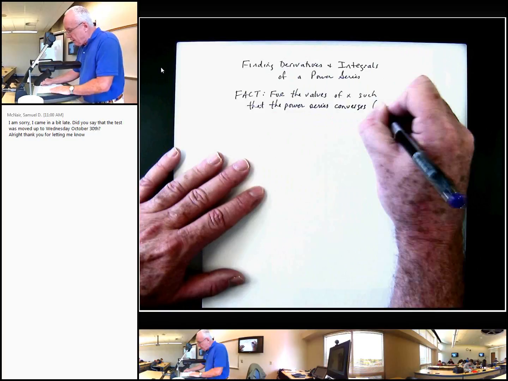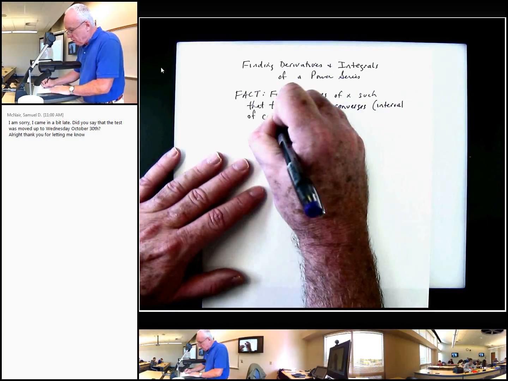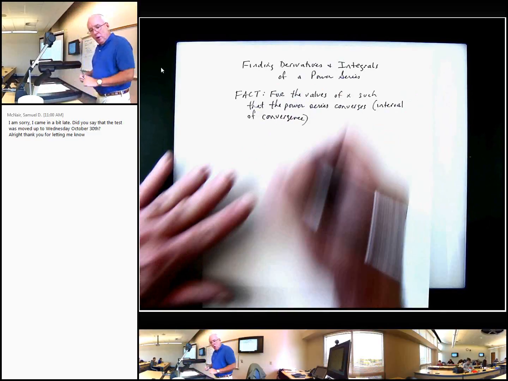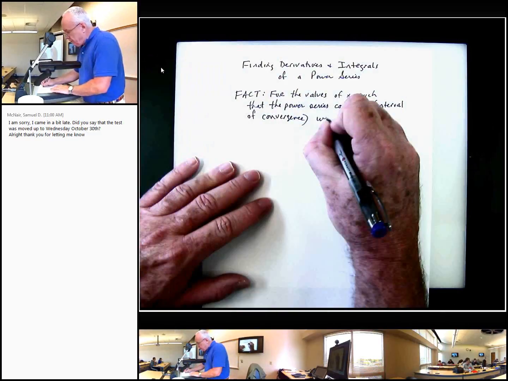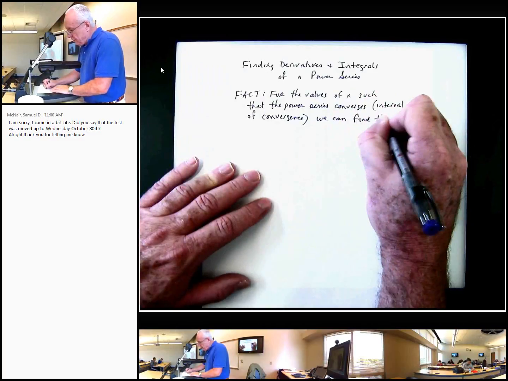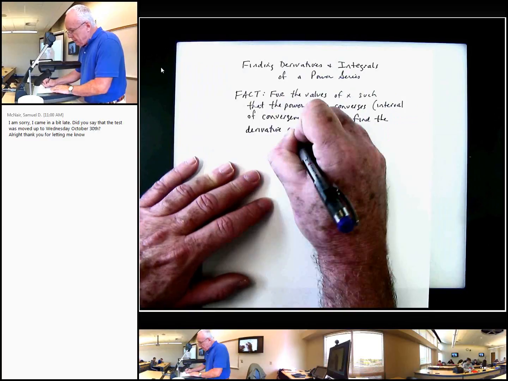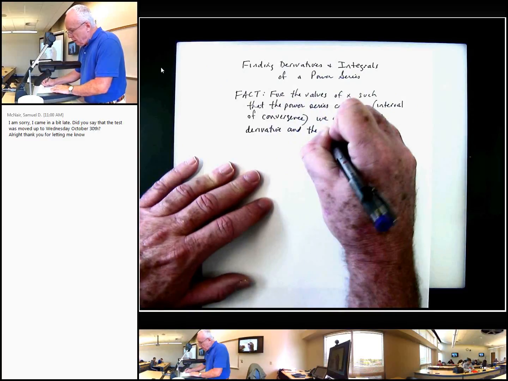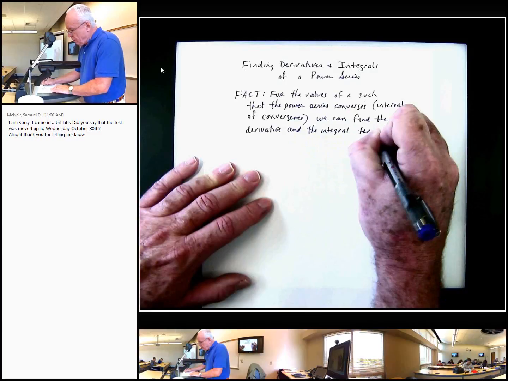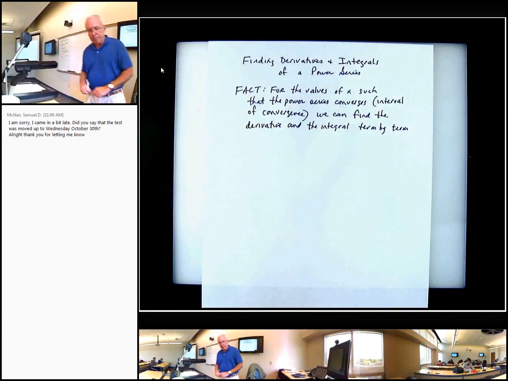We're really talking about the interval of convergence. We can find the derivative and the integral term by term, which is really easy.